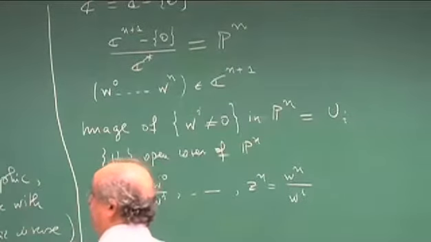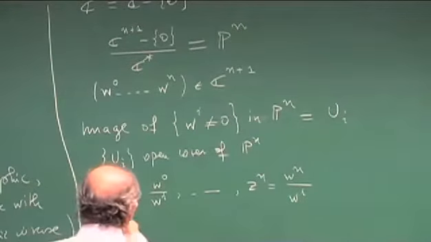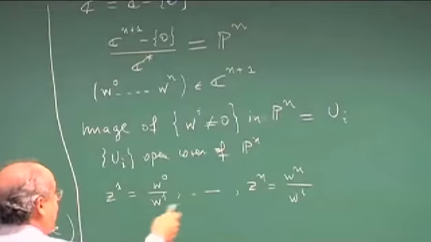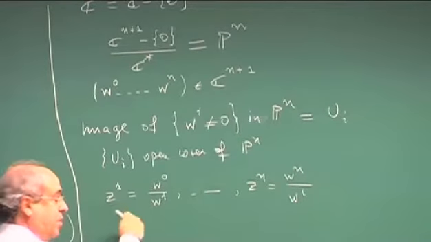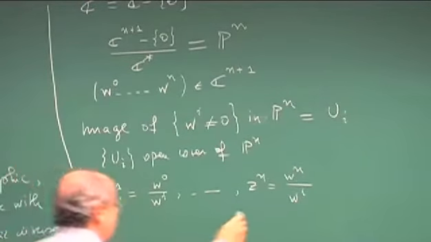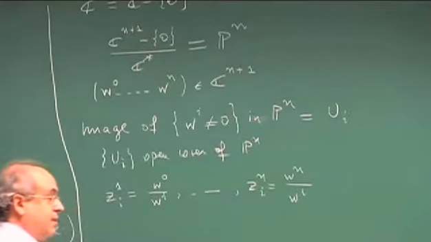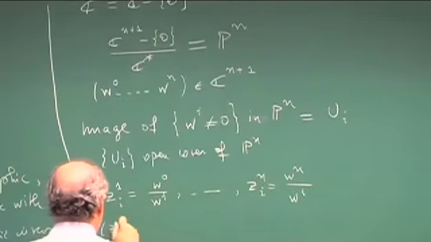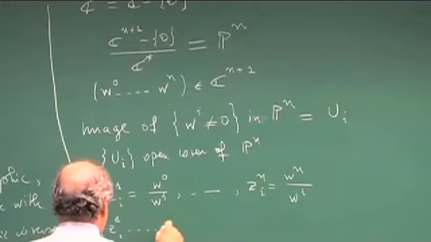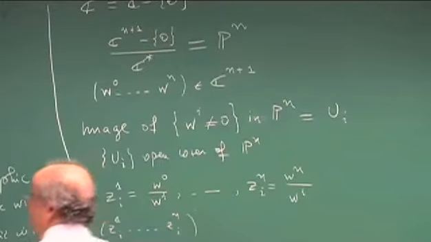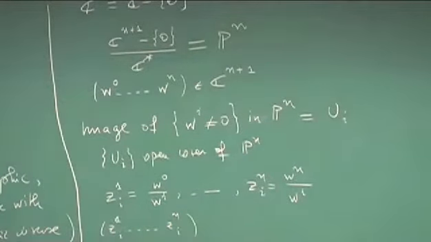And this would be the choice of affine coordinates in the open set U_i. So perhaps we should also put an index here. And the collection of these is, well, I'm changing the name of the index, but this is what we could call phi_i in this case.